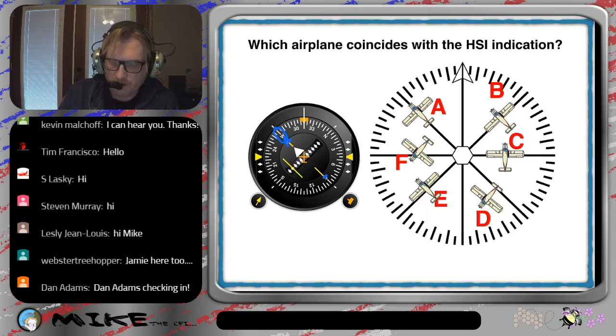So if we look at these relative to north, let's see what we have tuned in here. We have a 270 and we're on a 315 heading. So if we change that to where it's relative to north, we're tuned to the 270.